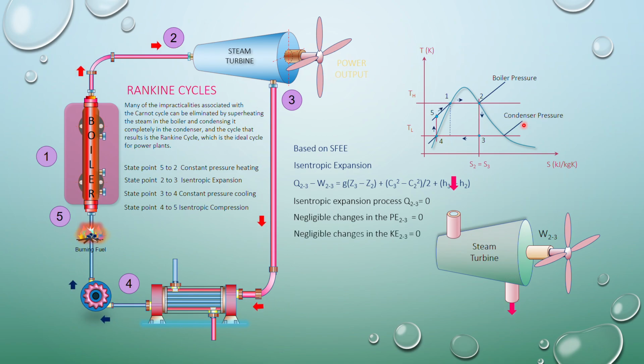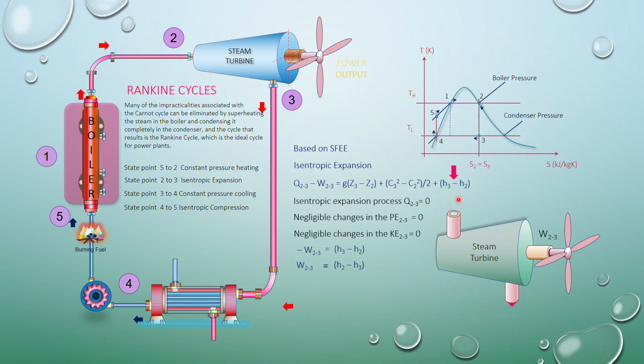Now to look into each of these components, we call all these 4 devices, the boiler, the steam turbine, the condenser and the pump, steady flow devices. They are all steady flow components.